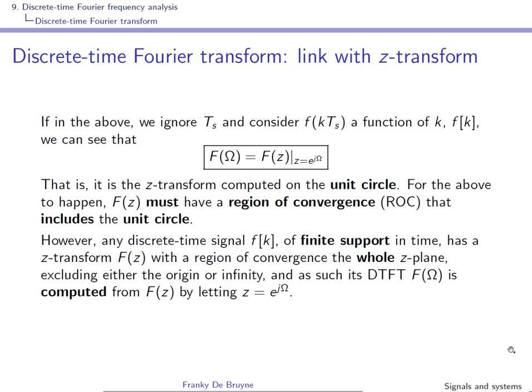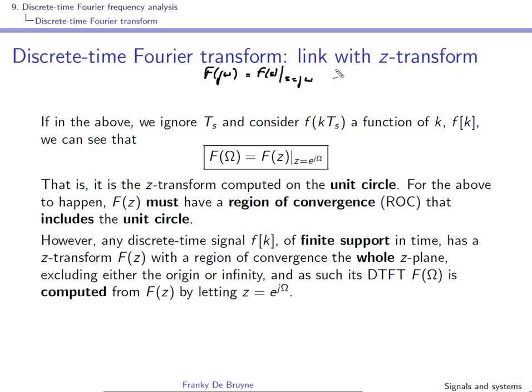We have seen that the discrete time Fourier transform is linked with the Z transform. We had something similar for the classical Fourier transform. It is the Laplace transform with s replaced by j omega. Of course, we assume here that the j omega axis, sigma equal to 0, is in the region of convergence.